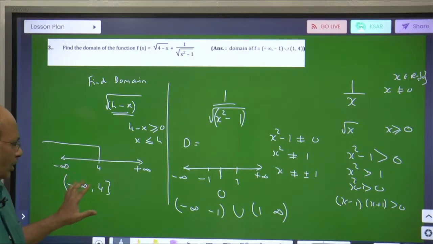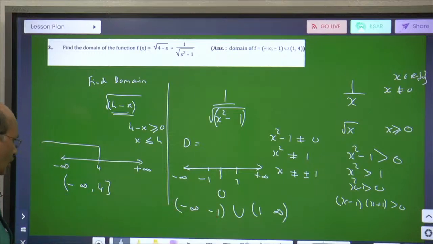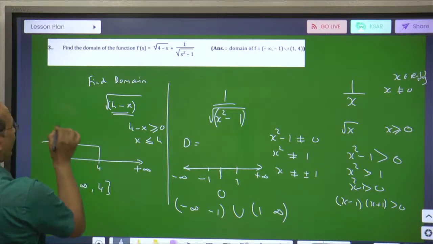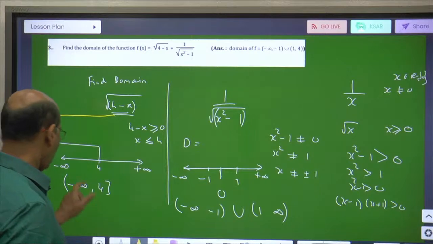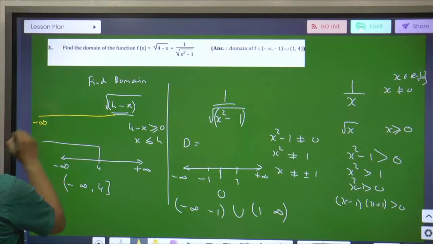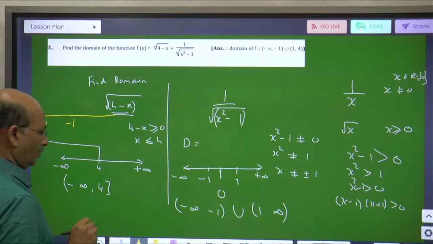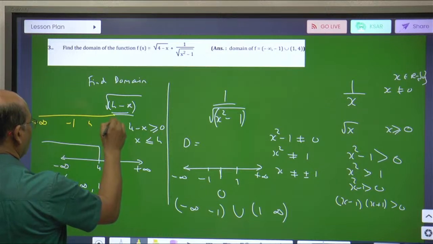Now combine this. What will be the value here now? See the domain. Now if you take a common number line, so I am taking a common number line. Now there is minus infinity, there is minus 1, and there is 4, and there is infinity. I am combining it.